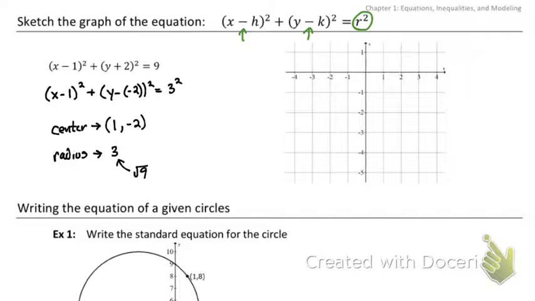I'll also touch upon really quick, your center, let me erase this really quick. Your center will actually make the different parts equal to 0. So if I plug a 1 in there, 1 minus 1 is 0. So 1 is the correct value. If I plug a negative 2 in for that y, negative 2 plus 2 is 0 once again.